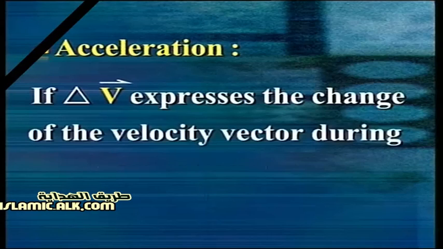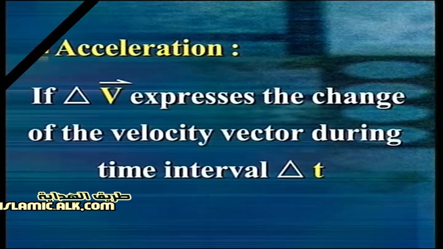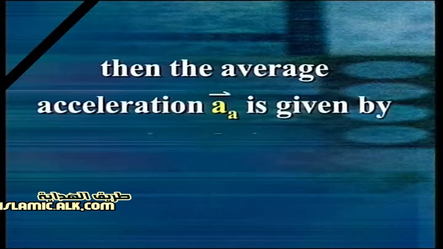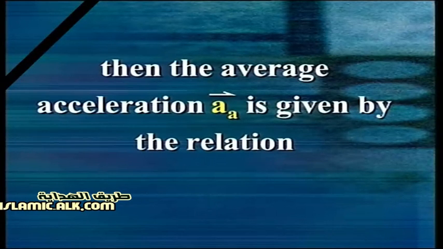Look at the acceleration. What is the acceleration? If delta v expresses the change of the velocity vector during the time interval delta t, then the average acceleration vector A is given by the relation delta v over delta t.